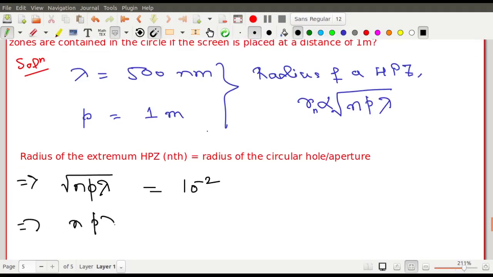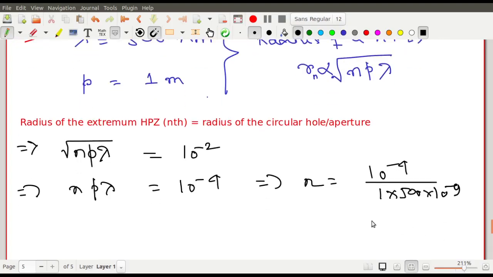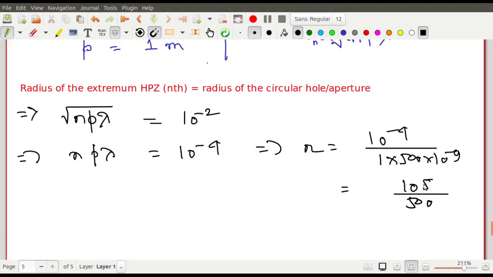So np lambda equals 10 to the power of minus 4, or n comes out to be 10 to the power minus 4 over p lambda. p is 1 meter and the wavelength of light is 500 nanometer, that is 500 into 10 to the power of minus 9. That gives me 10 to the power 5 divided by 500, which is 1000 divided by 5. 2 zeros get cancelled, so basically you have 200 here. So n comes out to be 200.